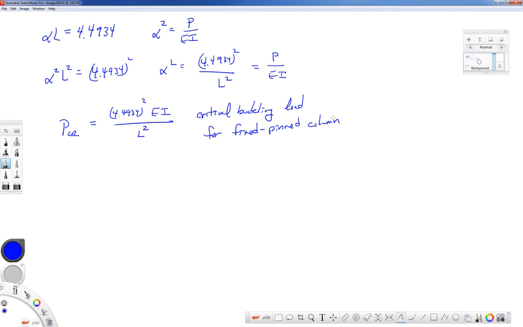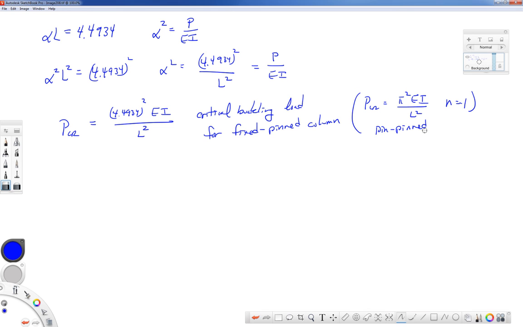Remember what we had for a pinned and pinned column: pi squared EI over the length of the column squared for n is equal to 1. Now we said that we expected that the fixed and pinned column would support more load than the pinned and pinned column, and that's true.